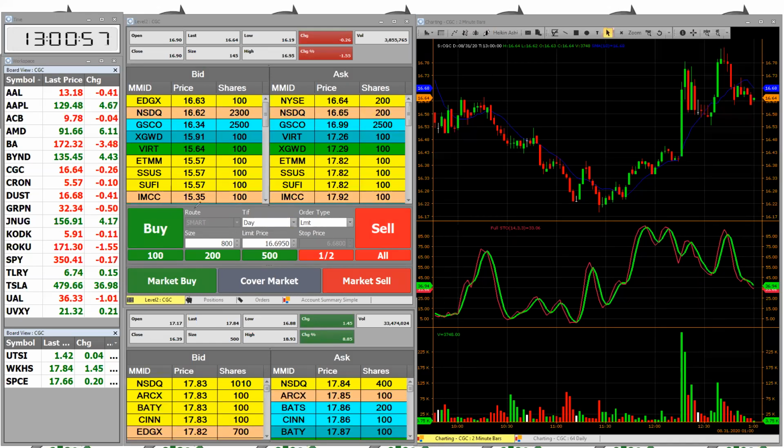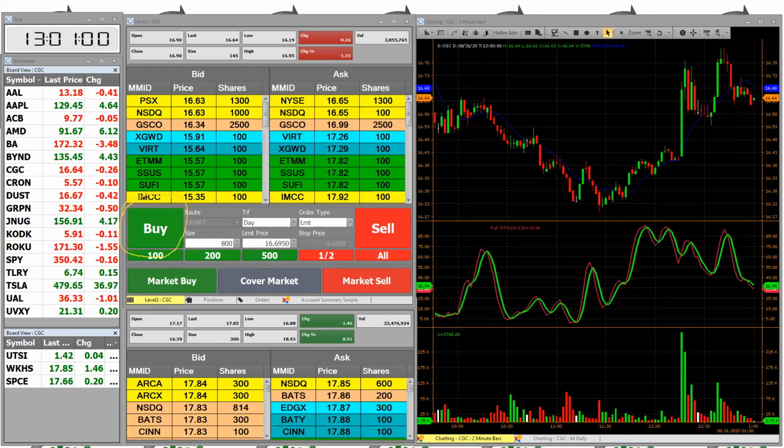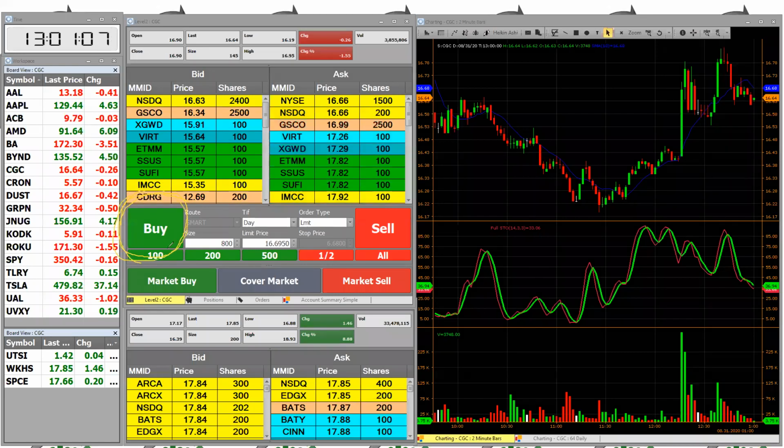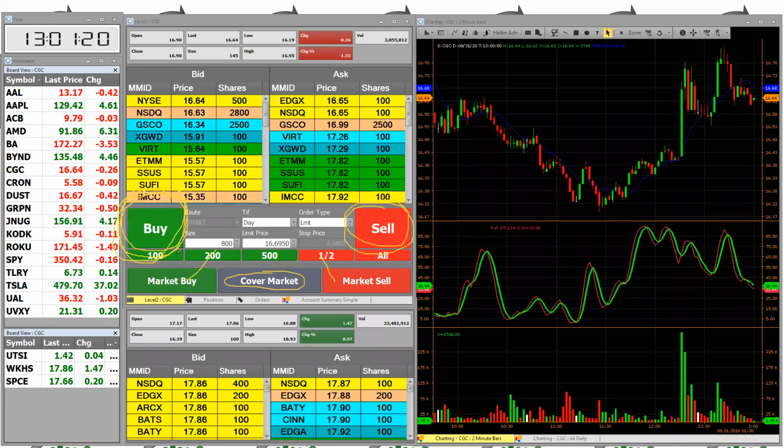Right here you have the limit buy and the limit sell. Then you have the market buy and the market sell. These are market orders. And if you're short, you can cover the position with cover the market.